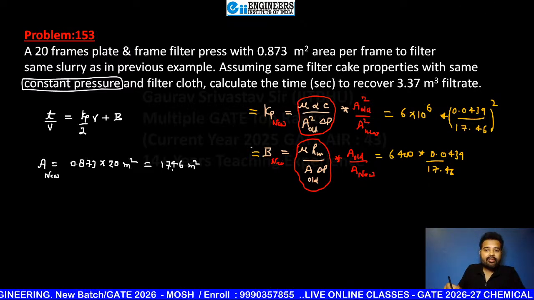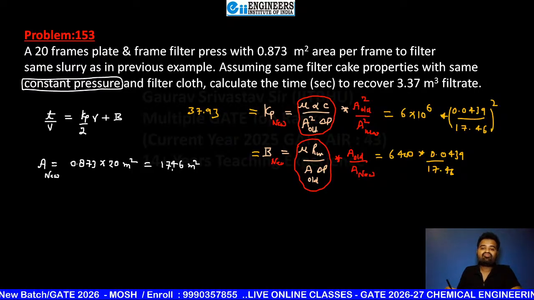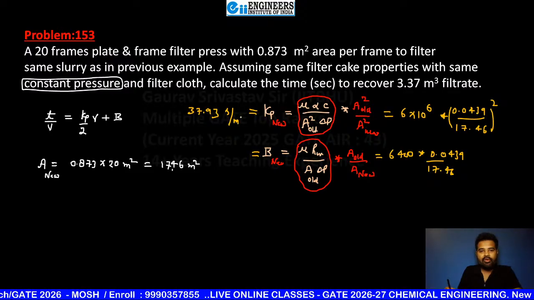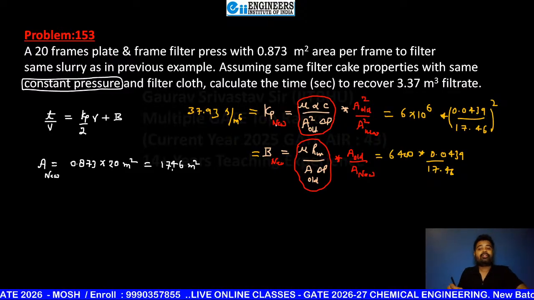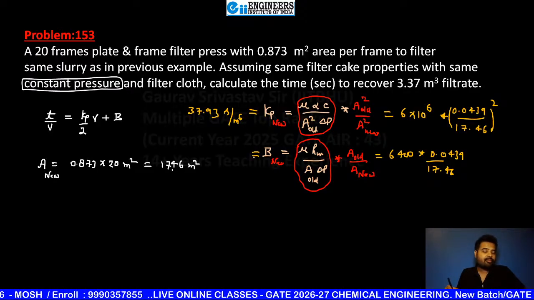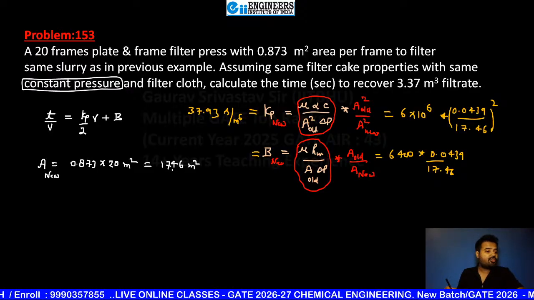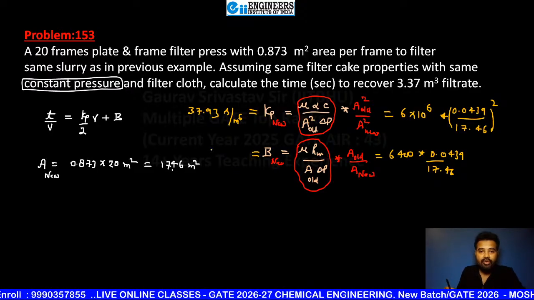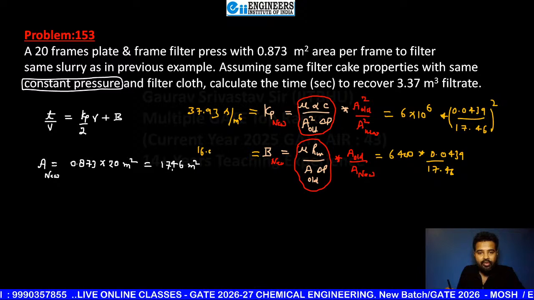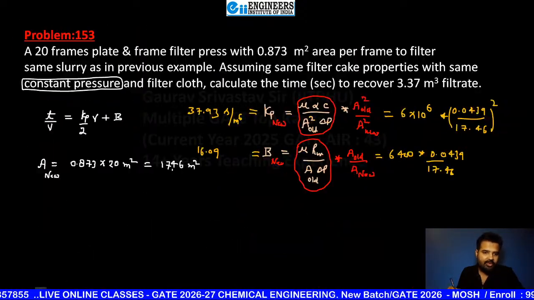And the second one, second per meter to the power 6. The unit will remain the same. Tell me the second one, b new. How much? 16.09. And the unit of b was second per meter cube.